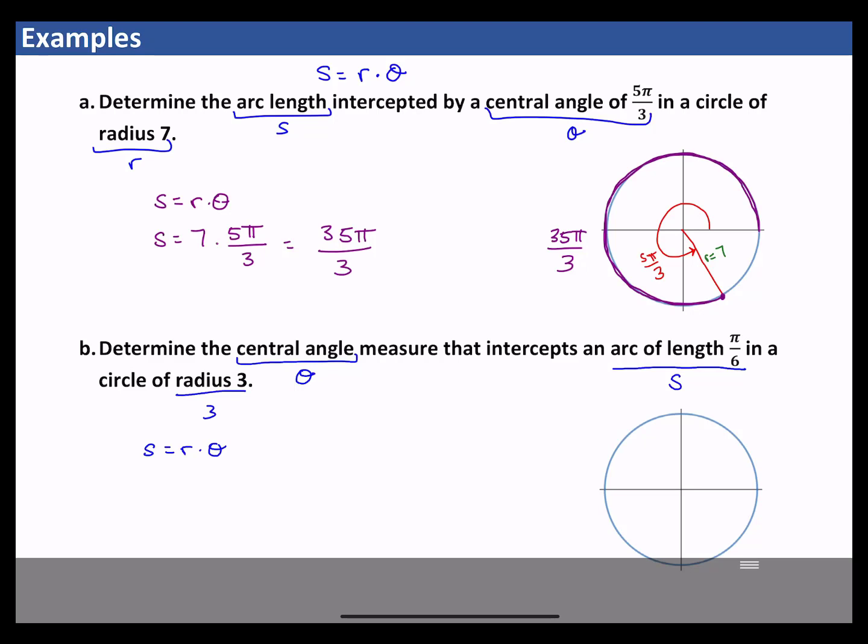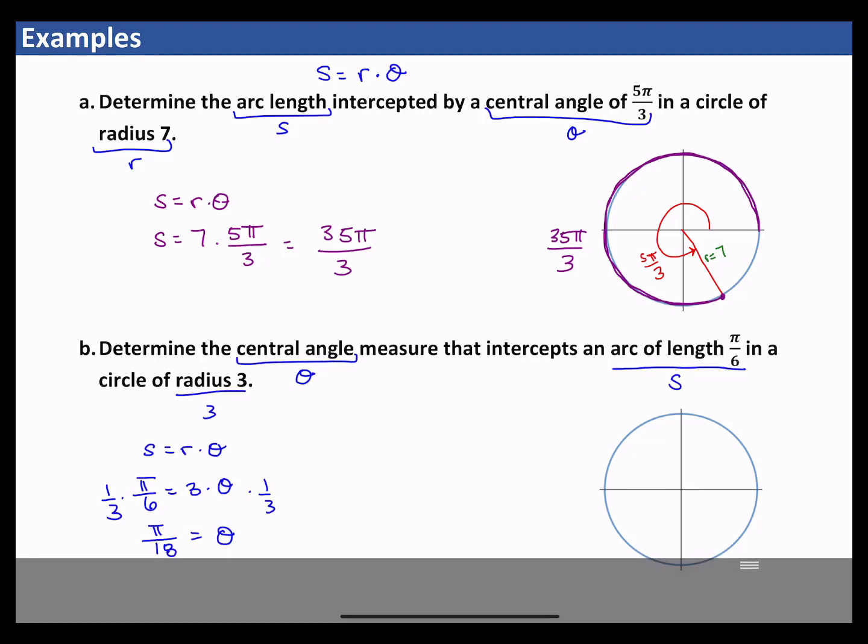We're trying to find theta. So theta would equal the arc length, pi over 6, and we know the radius is 3. I would multiply by the reciprocal of 3. So we find out that our central angle is pi over 18.